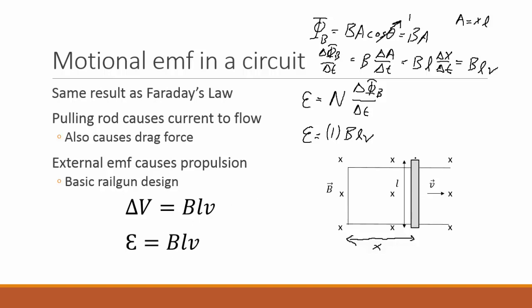As this is pulled to the right, you can imagine this as a circuit where there's going to be a little bit of resistance in this wire. Even a fairly well-conducting material will have some amount of resistance in it. So this part would act like a battery, and there would be some resistance overall, and what we would have is a current that would run in this circuit.